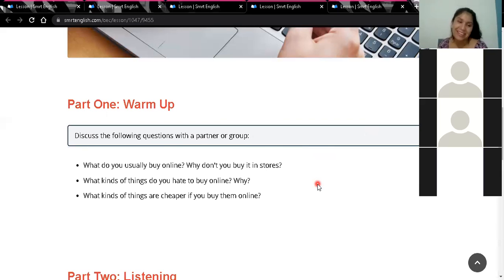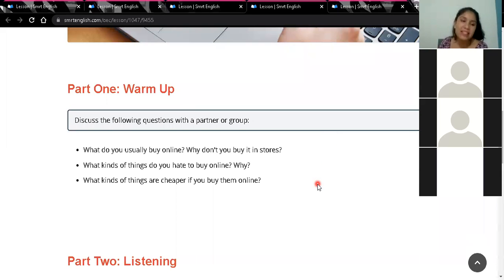I see. What kinds of things are cheaper if you buy them online? We were talking before about how we can sometimes find better prices online than in physical stores. What are those things? Books.